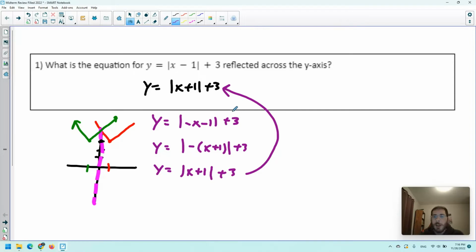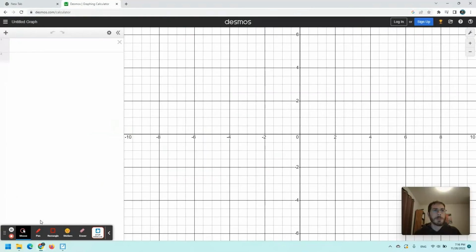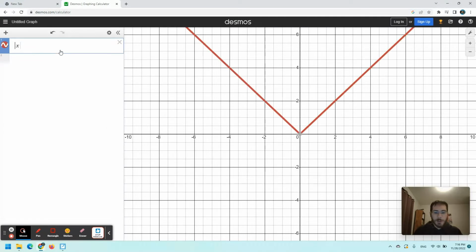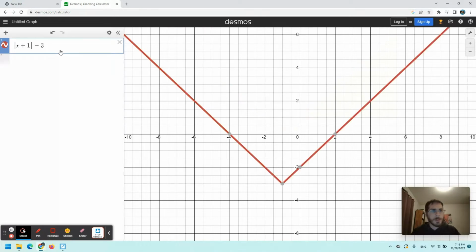If we wanted to double check, we could always make a graph and see if our graph looks the same. So I'm going to throw it in. We'll see what it looks like. So we've got absolute value of x plus 1 minus 3. That's the wrong way.